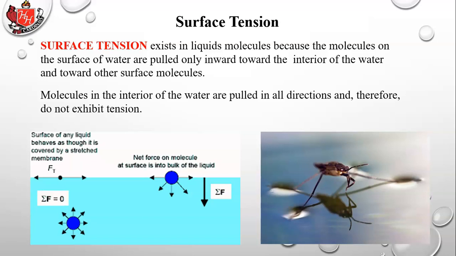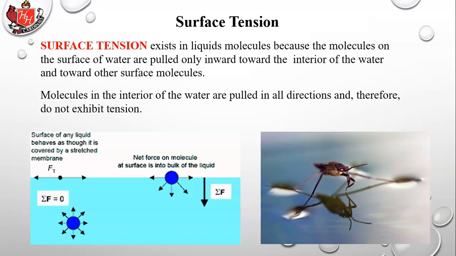So if you look at the molecule in the middle, you see the arrows pointing in all directions, and that symbol is sigma F. It means the sum of all the forces is 0. You may have learned how to do force vectors in physics, and since they're all equal and opposite of each other, they end up zeroing out. So you don't have any tension on a water molecule that's in the middle of the water.